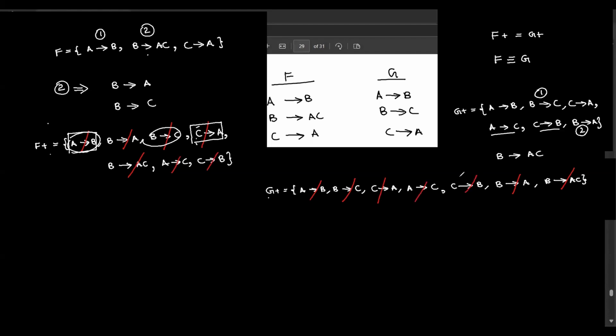Fine, so I have proved that F plus is equal to G plus. This means F is equivalent to G.